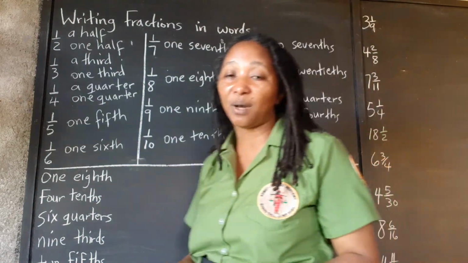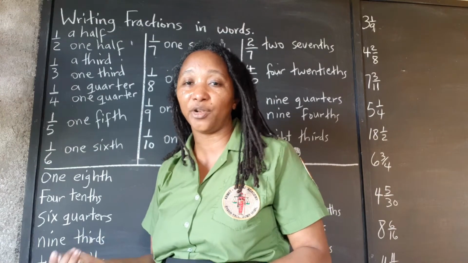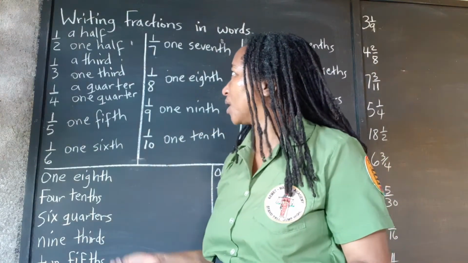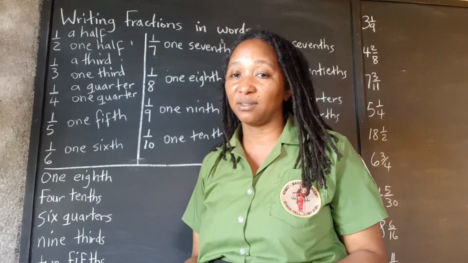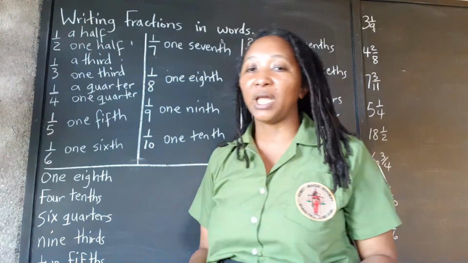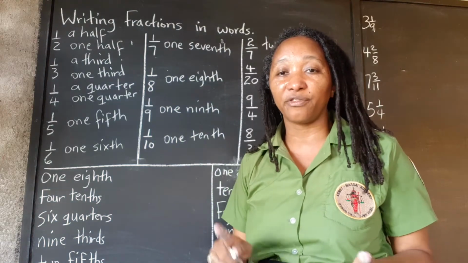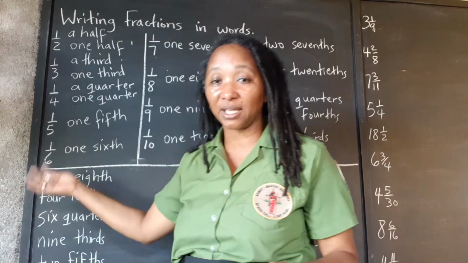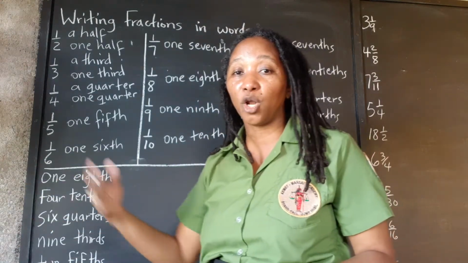And remember, the denominators are written as ordinal numbers, with the exception of the 2. So we don't say 1 second, we say a half. For the others, we put them in the ordinal form, 3rd, 4th, 5th, 6th, 7th, 8th, 9th, 10th, and so on. 20th, 100th.